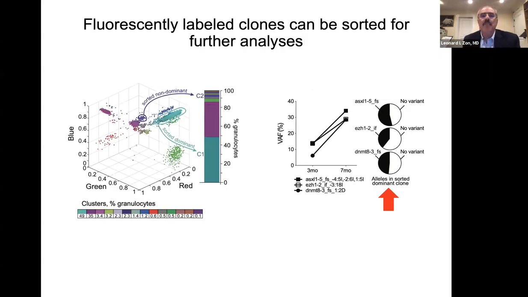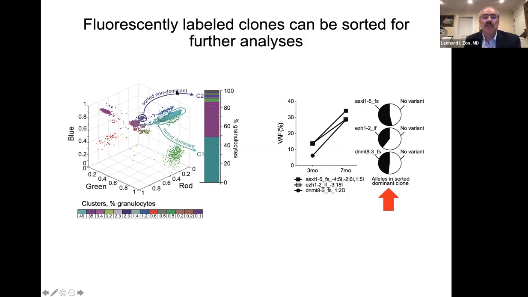Now, the nice part about this is the fluorescently labeled clones can be sorted. So for instance, in this case, Serena Vagian, the postdoc who did this excellent work, along with John Henninger, a graduate student, you can see we can sort this population, and we know that the mutations that occur in each individual color are distinct.